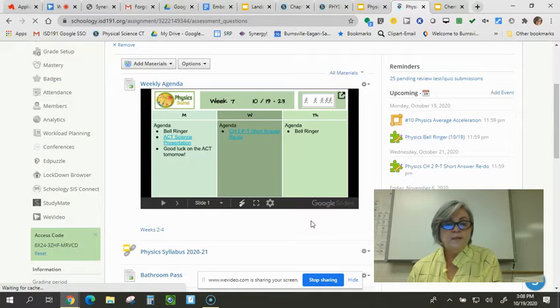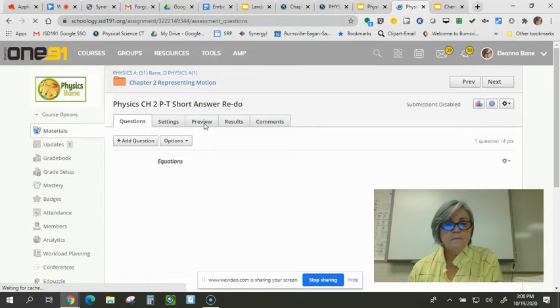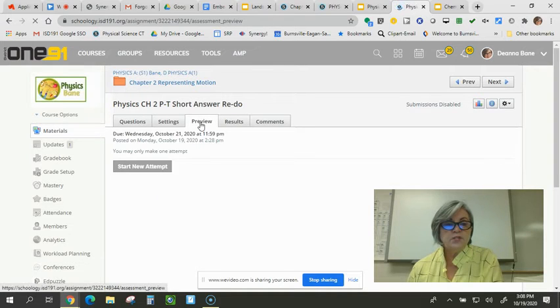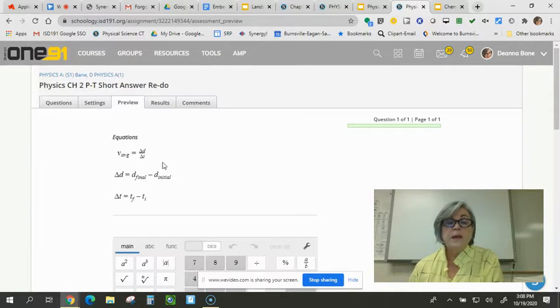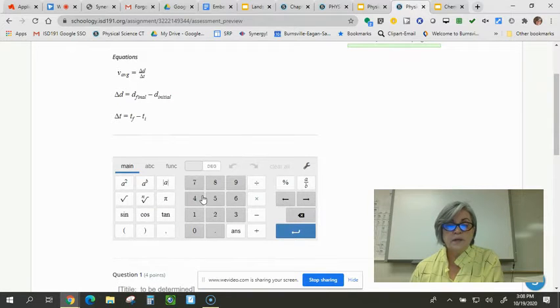And when you open that, you will see that the first thing that shows up, and this does not have to be done in lockdown, are the equations for velocity and for change in position and change in time. And then there's also a calculator.